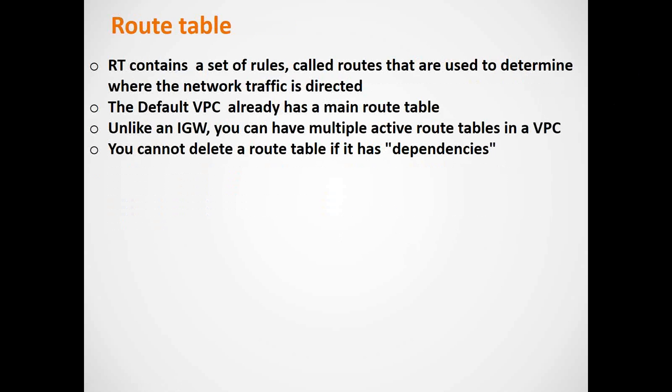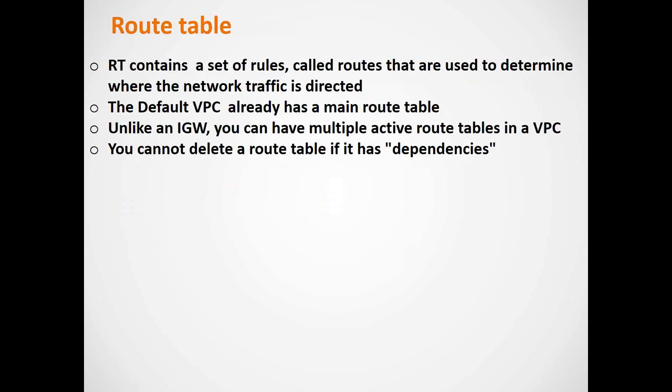Now, what do you mean by where the network traffic is directed? If you say connect to this machine, how does it know exactly how to connect to that machine? Because every machine will have an IP address, right? And those IP addresses will be available in the table, and also how you should be connecting and what should be connecting.